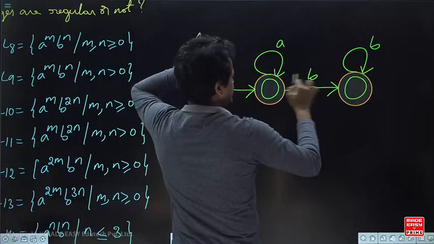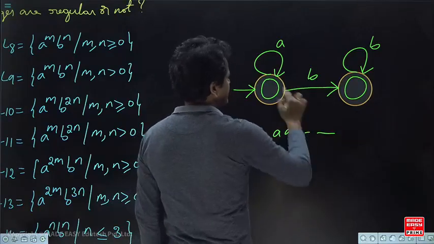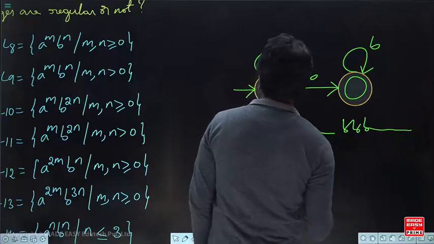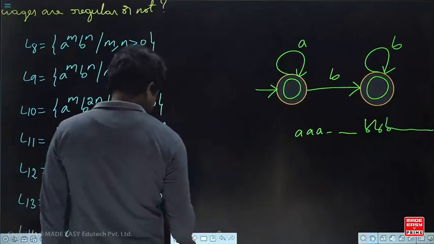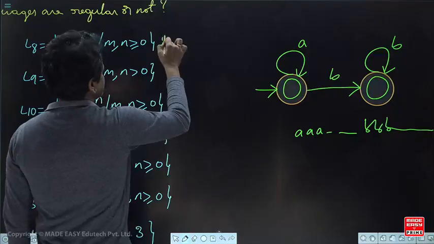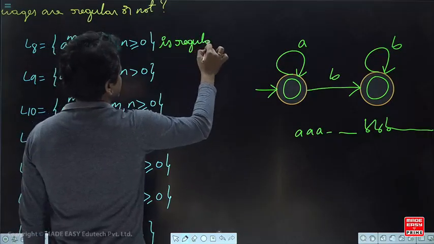It accepts only b's, only a's, and any number of a's followed by any number of b's. So this language is regular. We can accept every string of L8 through a finite automata.